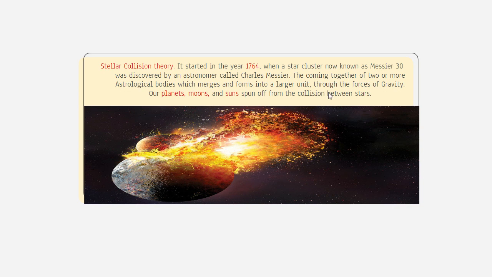So it is the coming together of two or more astronomical bodies which merge and form into a larger unit through the force of gravity. Stellar collision means the collision of numerous stars. This happens when two stars cross paths and get pulled into a newly formed binary system.